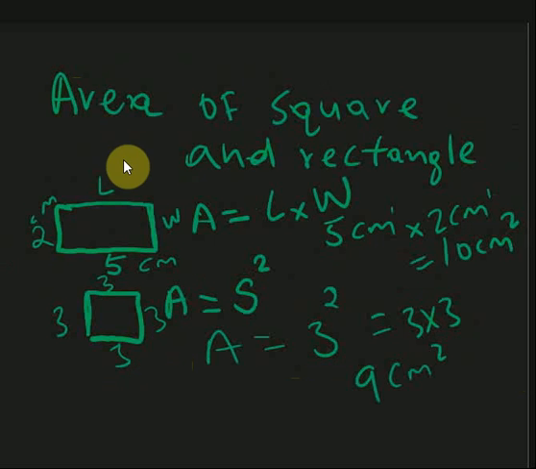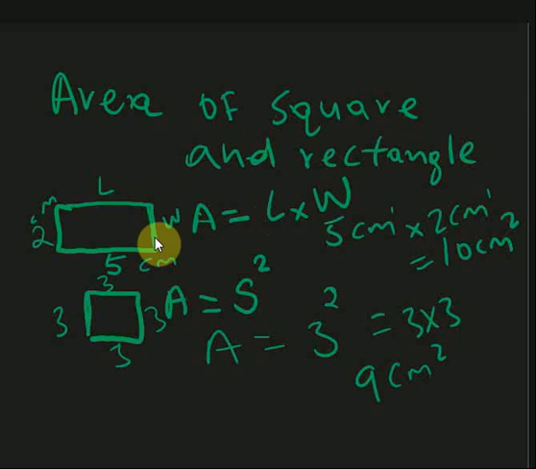Okay, we saw the perimeter. Let's look at the area of a square and area of a rectangle. So before, we did perimeter of rectangle and perimeter of square. Now let's do the area. The area of a rectangle is length times width.